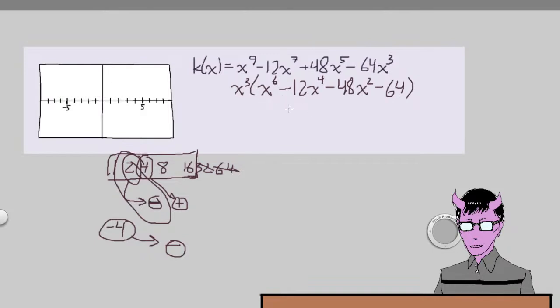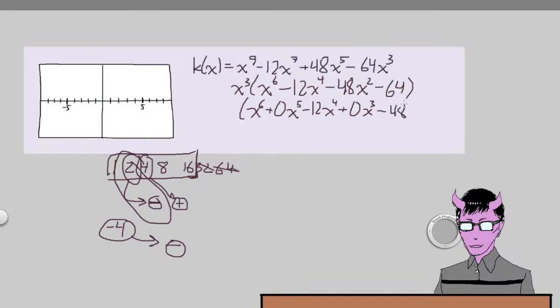Okay. Well, this is annoying. Let's see. Let me write down the full thing. Plus 0x to the 5, and then minus 12x to the 4, plus 0x cubed. So this is where VOD watchers will start.